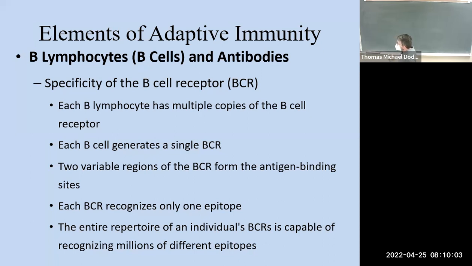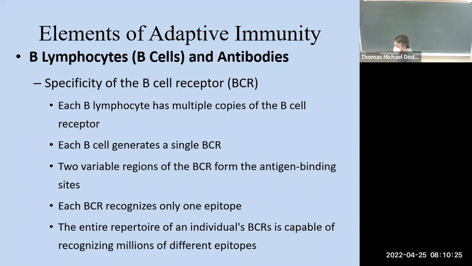And there are two variable regions, like I said, those two arms that point outwards like that Y shape. Each of the BCRs, those B cell receptors, is going to recognize only one epitope. Now, the cool thing is, there are millions of epitopes they can make. So what does that mean?